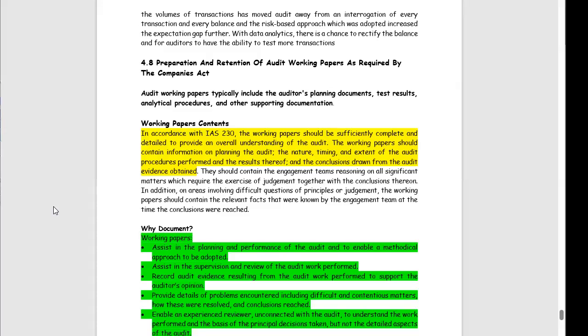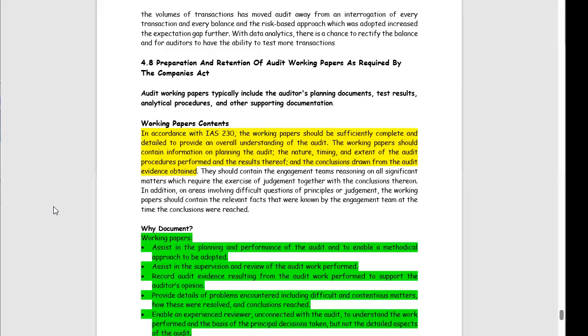The other one, they should be prepared neatly and tidily.